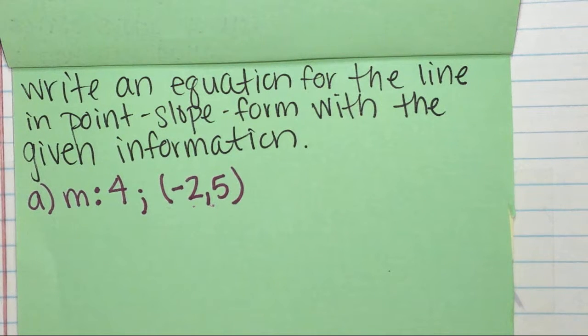So my slope is 4, and my point passes through negative 2, 5.